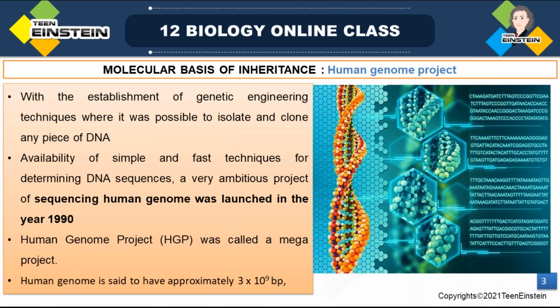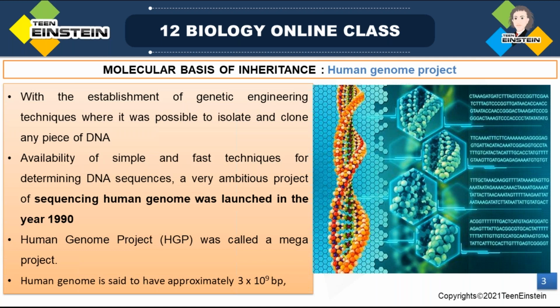Genetic engineering is a very fast growing field, and with the help of these techniques, we can easily isolate DNA and we can clone DNA or any part of DNA now, right? It's a very useful technique. So we can find out the DNA sequences.